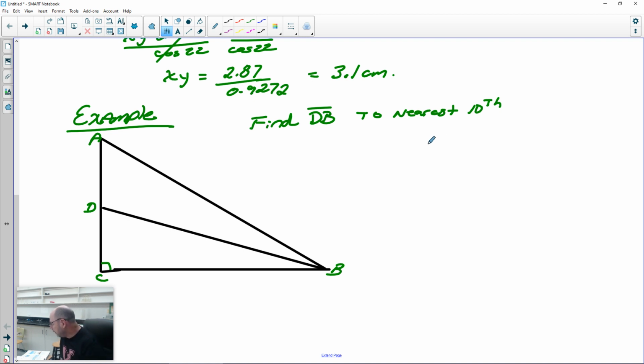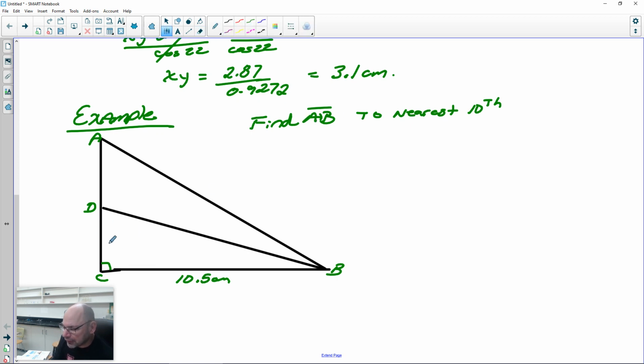Okay, and let's say that they tell you that this one here is 10.5 centimeters. Oh sorry, not DB, AB. DB is a common side, sorry guys. I'm looking at my diagram here on the side and I find AB.